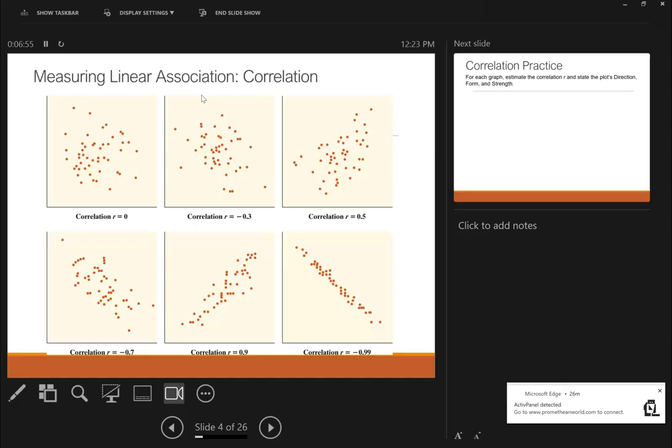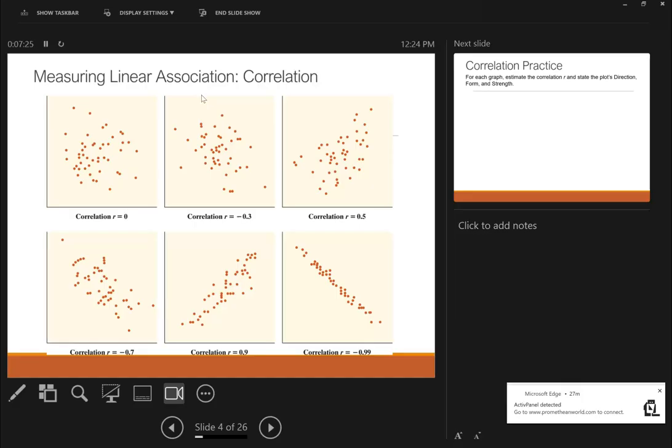That unmistakably looks like a straight line with a positive slope. And the last one has an R value of negative 0.99. That is the liniest line we've seen yet, right? That's pretty tightly packed together. It should be unsurprising that that's a quite good linear relationship between our data there.